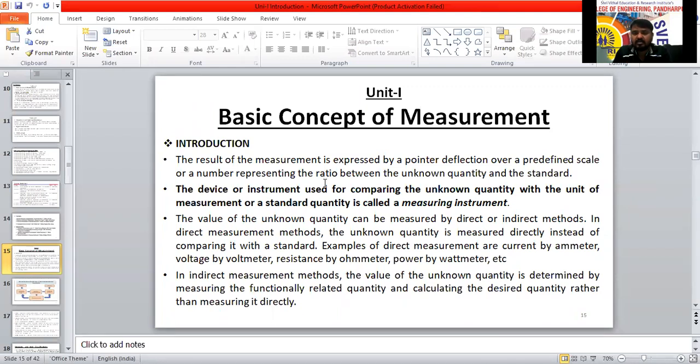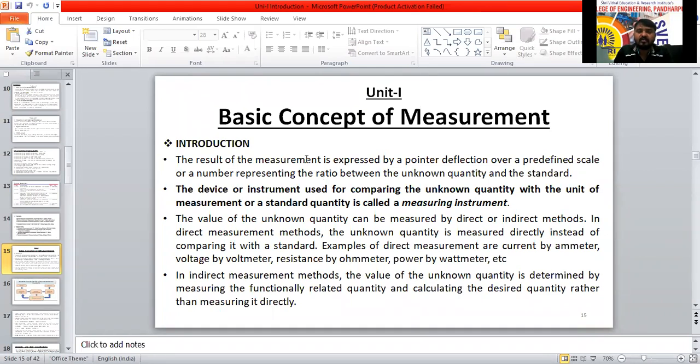By doing many research experiments they have fixed values. For any instrument, for 20 volt, for 5 ampere, how much resistance there is, that is already fixed. According to that we measure, and that measured quantity we compare with the standard quantity. That is called a measuring instrument.